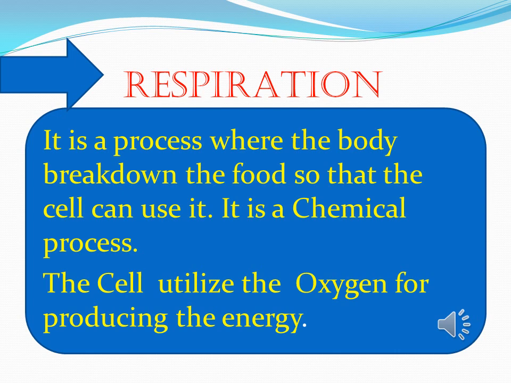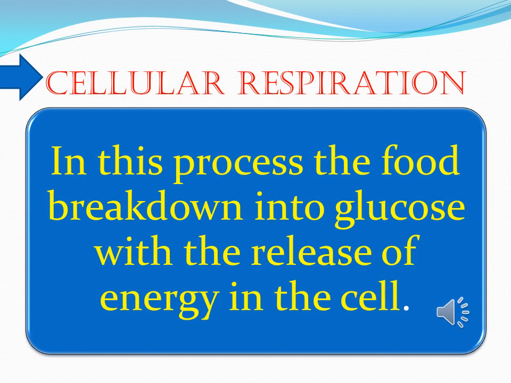Let's get into the chapter. The chapter begins with cellular respiration. In this process, the food breaks down into glucose with the release of energy in the cell. Explanation: when the glucose breaks down in the cell with the release of energy, it is called cellular respiration.